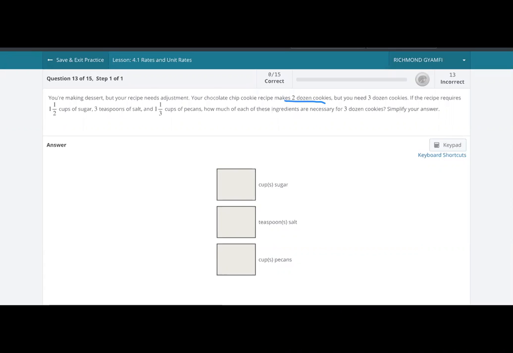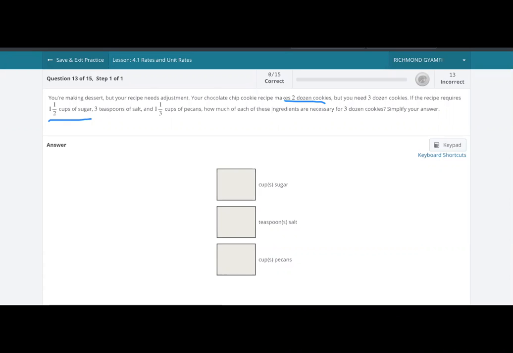But the recipe is for 2 dozen. Now, in this recipe, for the 2 dozen cookies, it says that you require 1½ cups of sugar, 3 teaspoons of salt, 1/3 cups of pecans. So how much of these ingredients are necessary for 3 dozen cookies?